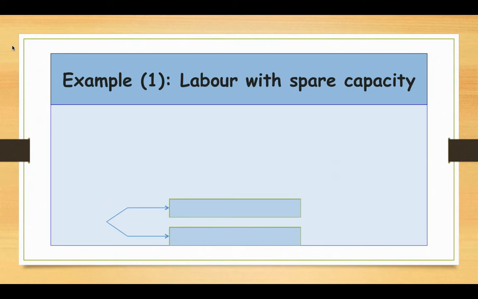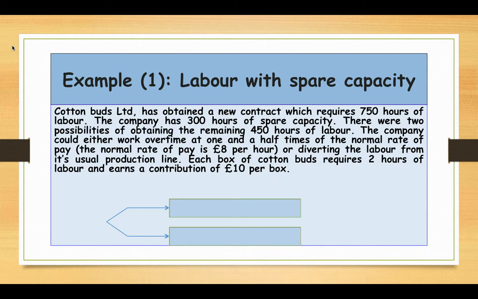So this is our example 1. We are going to see this example, that is labor with spare capacity. Cotton Buds Limited has obtained a new contract which requires 750 hours of labor. The company has 300 hours of spare capacity.